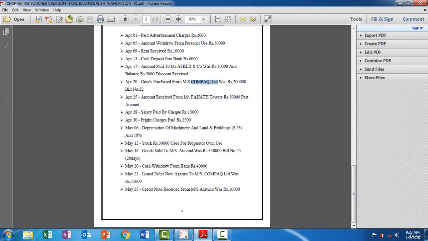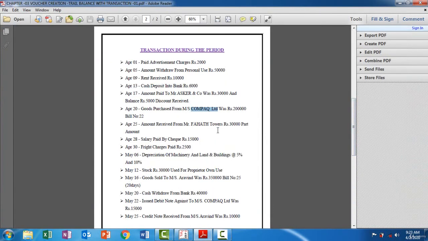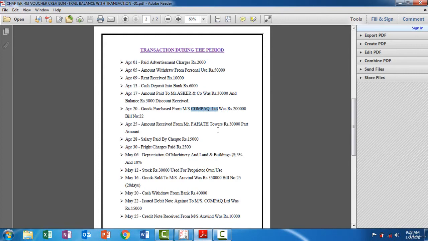You can see here Fahad Tours is a Sundry debtor. Fahad Tours needs to pay us 50,000, but he settled only 30,000 for us. So this is the transaction.